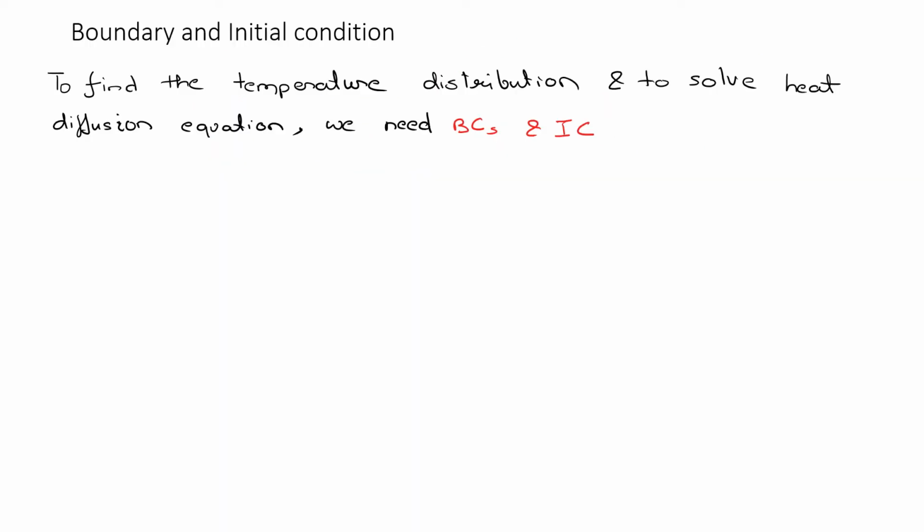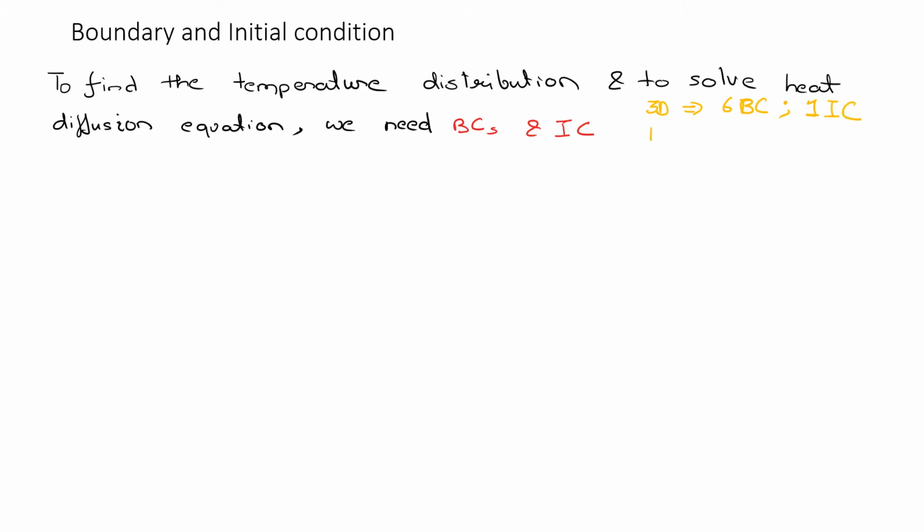Now let's move on to the boundary conditions and initial conditions that are required. We saw that to solve the differential equation that we have, we require boundary conditions and initial conditions. If our heat diffusion equation is in 3D, we will require 6 boundary conditions, and if it's transient, we'll require one initial condition.